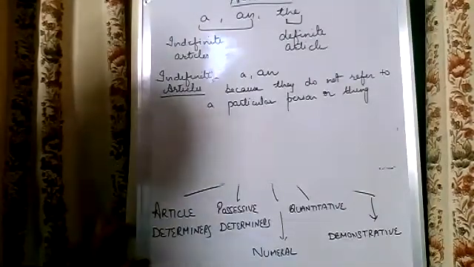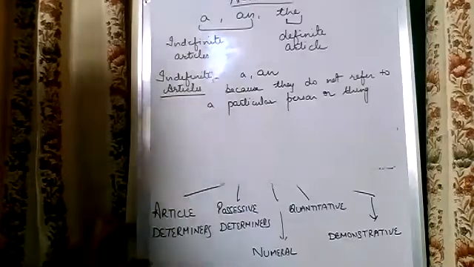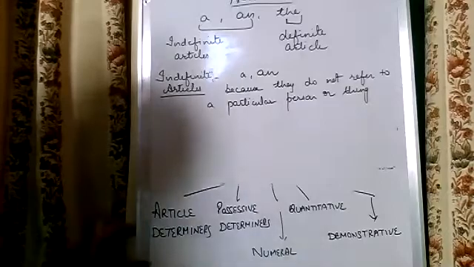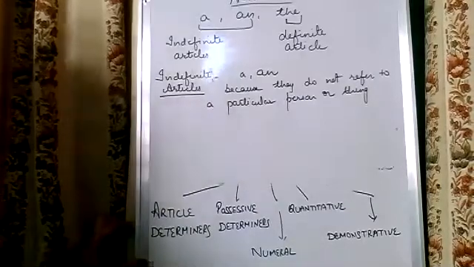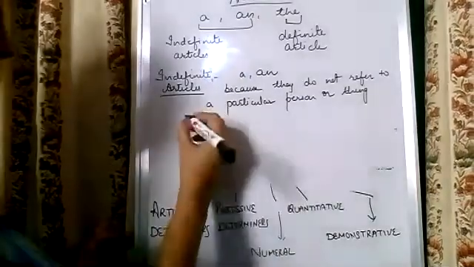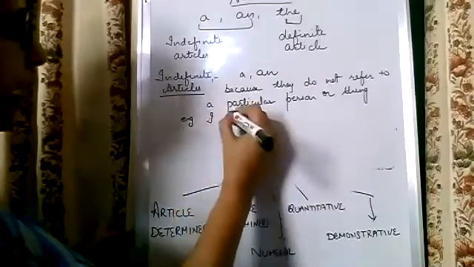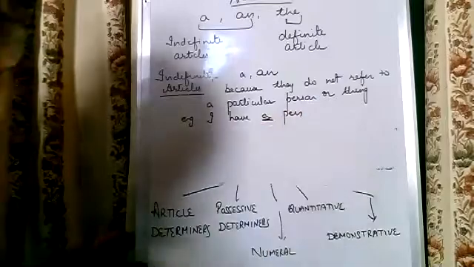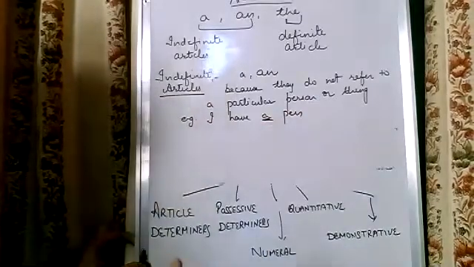you can take an umbrella with you because it is raining outside. It means I'm saying you can take an umbrella, but I'm not telling him which umbrella he should take. For example, in I have a pen, a is indefinite. A pen means which pen, it is not mentioned.